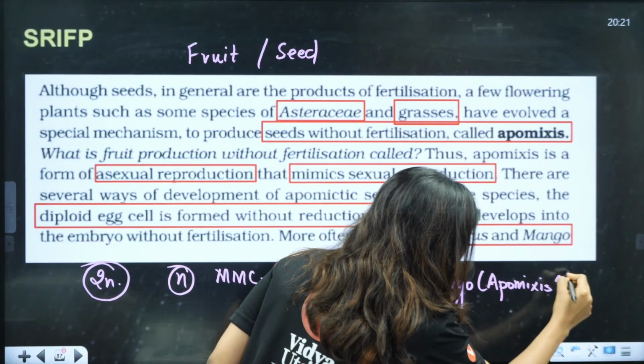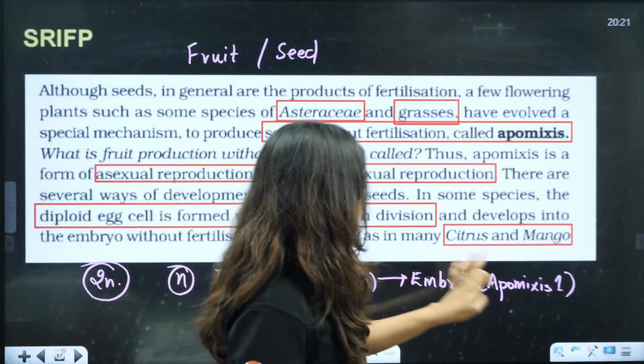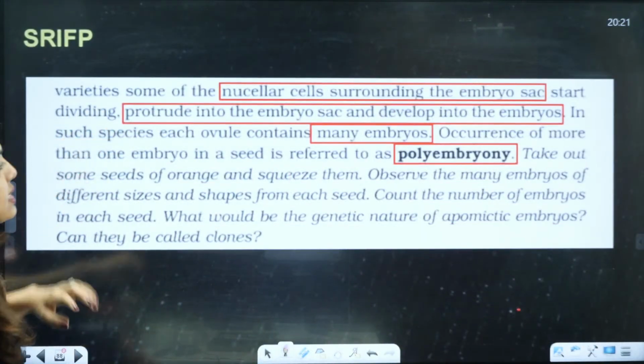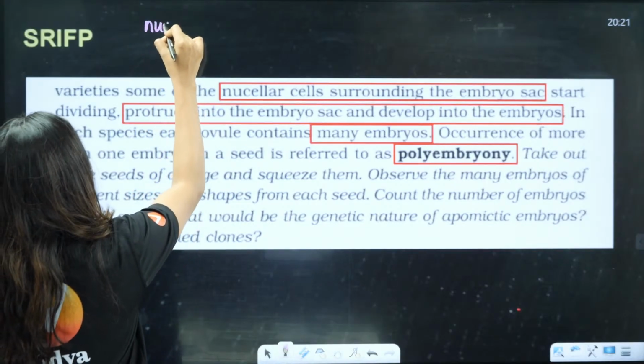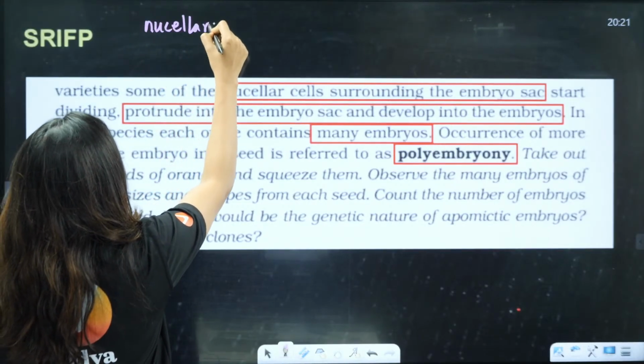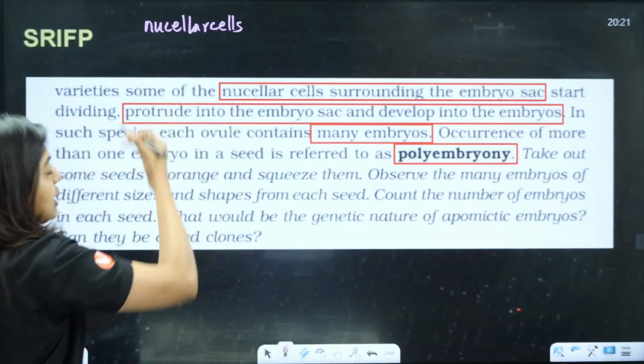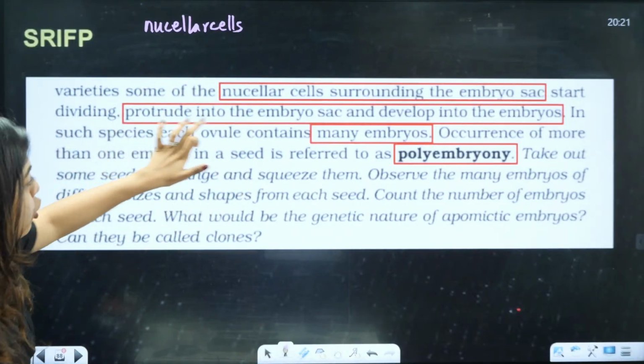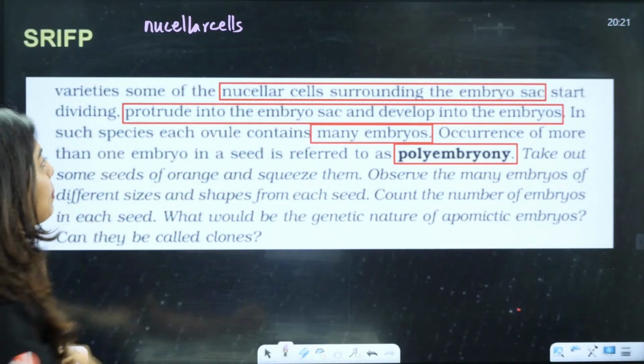Apomixis scenario 1. The second scenario happens in citrus and mango. Here the nucellar cells surrounding the embryo sac start dividing, protruding into the embryo sac and developing into embryos.